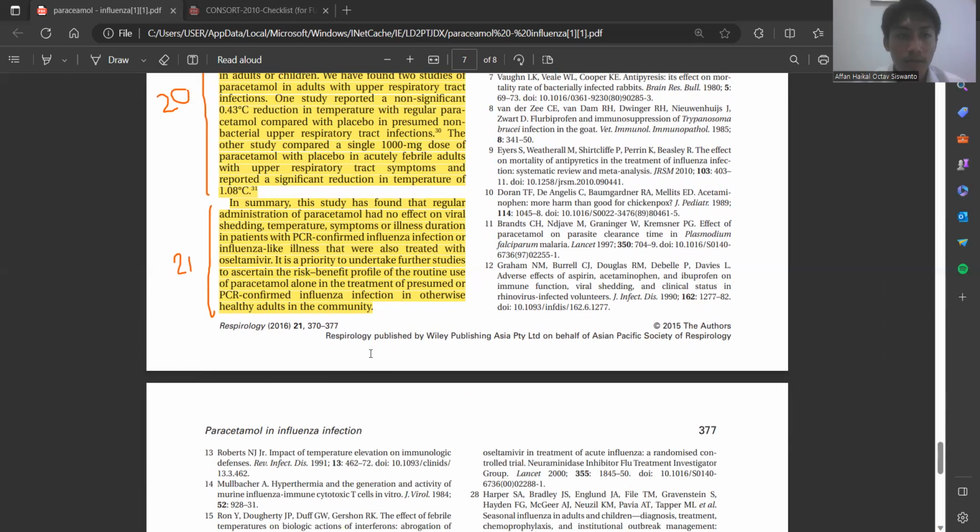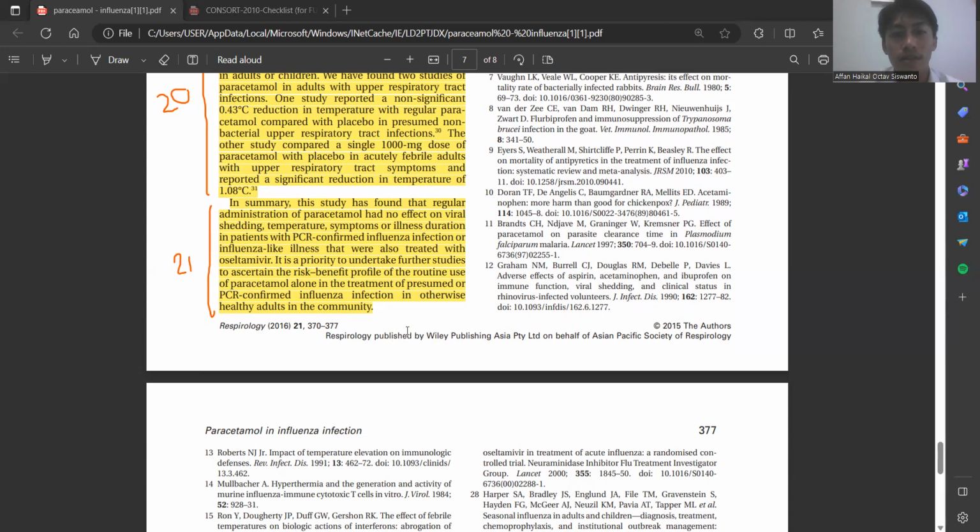So the next item we have here is item 21. Item 21 is generalizability, including external validity and applicability of the trial findings. So it is mentioned here in this article, in summary, this study has found that regular administration of paracetamol had no effect on viral shedding, temperature, symptoms, or illness duration in patients with PCR-confirmed influenza infection or influenza-like illness that were also treated with oseltamivir.